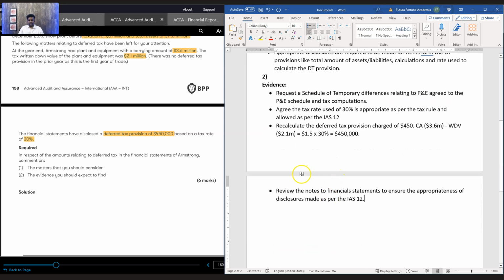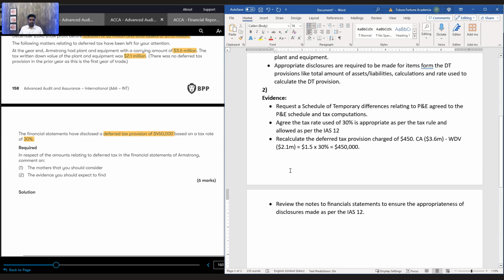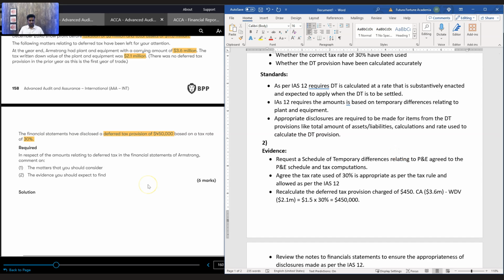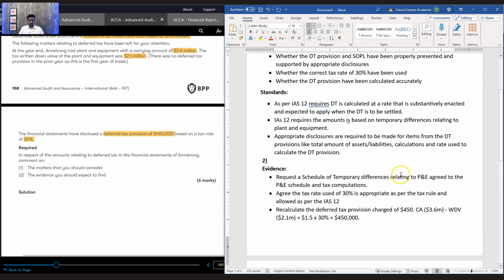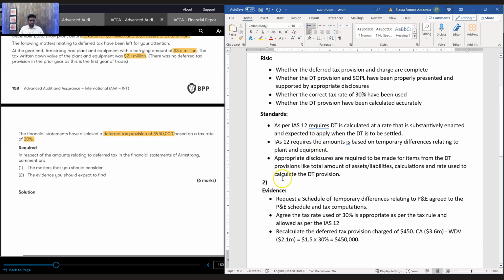Whether the appropriate disclosures have been made with respect to IAS 12 or not is something that we need to check. So these are the requirements that we need to meet when we are auditing the deferred tax computations or deferred tax provisions. And if you write all this, then you will be able to score approximately 6 marks.